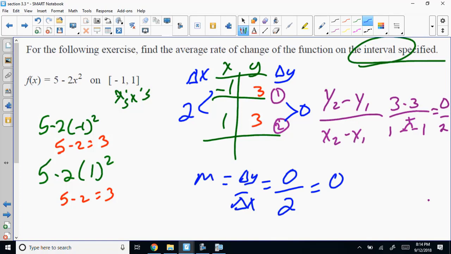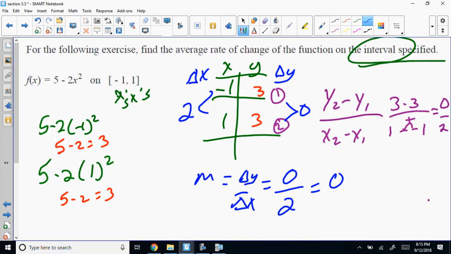Horizontal, because look who ain't changing: the y's. If the y's aren't changing, that's a horizontal line. And anytime you have a change in either your x or your y that is 0, you've got a special case. You've either got a horizontal line or a vertical line. That's a dead giveaway. So the slope is 0.